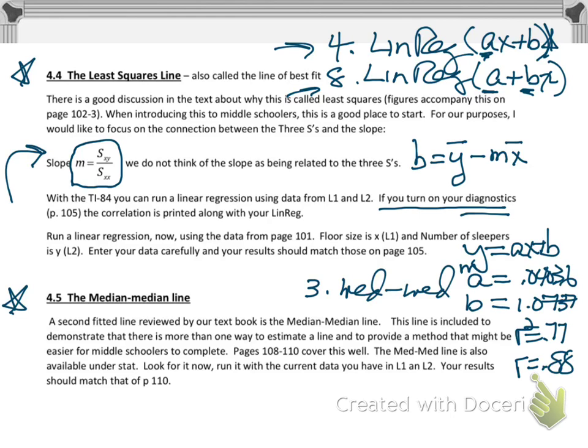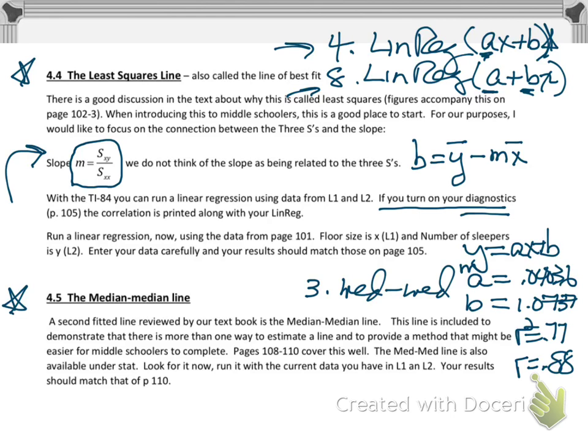Okay, the median line we tend to not use in high school, but I do appreciate the fact that you could use this in middle school just as a way to analyze data without getting into a whole least squares regression discussion. So a second fitted line reviewed by our textbook is the median line. This line is included to demonstrate that there is more than one way to estimate a line, as I just said.